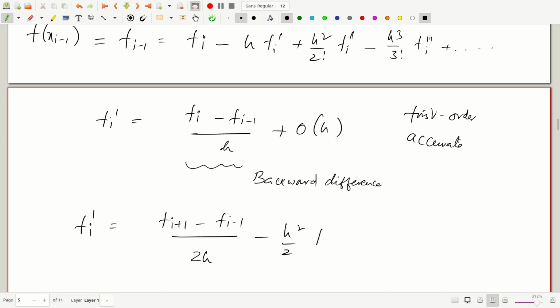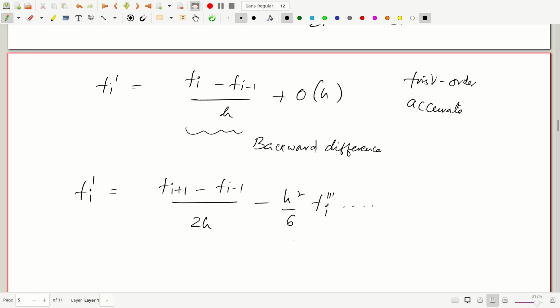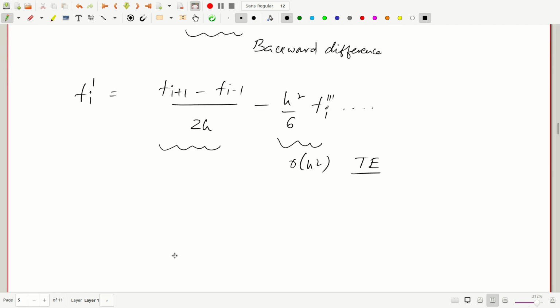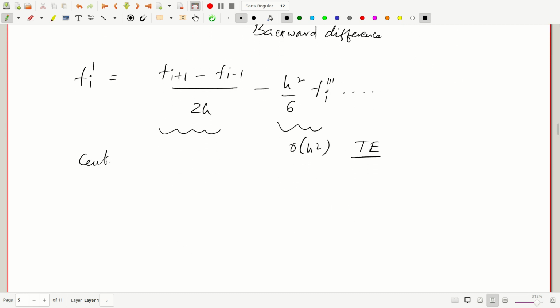This will basically be h square by 2 factorial, or h square by 6, times f_i triple prime, and so on. So this is known as an order h square truncation error, and this formula is known as a central difference formula, because f_i prime depends on f_{i+1} and f_{i-1} in a symmetric way.